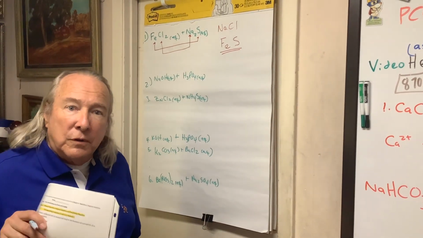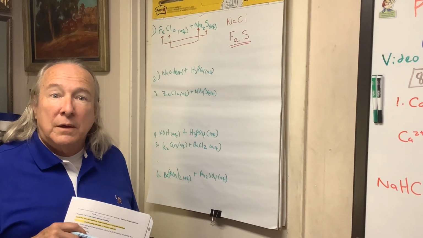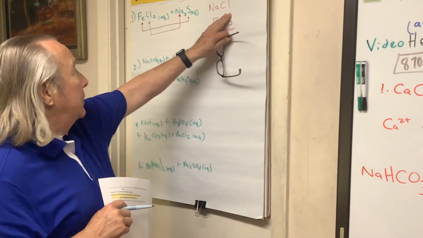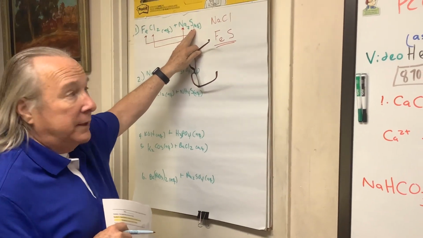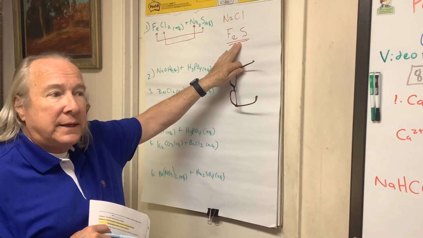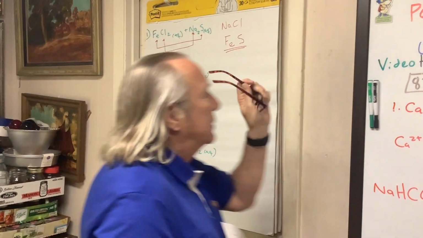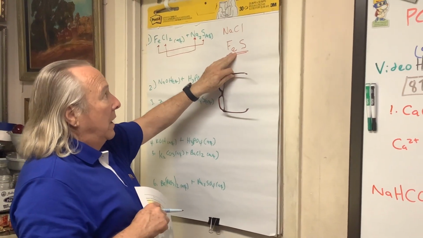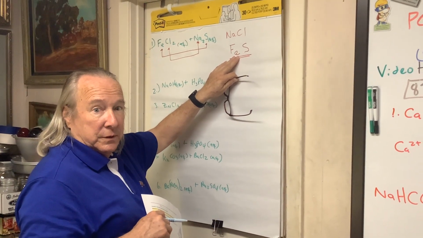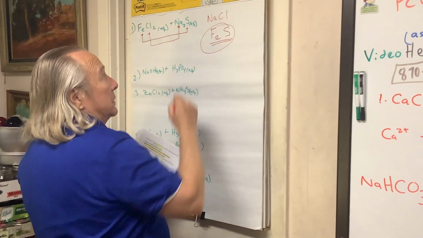Salts of those metals are always soluble. So sodium chloride is going to be soluble, as is sodium sulfide. Iron is not a group 1 metal, it's a transition metal, in family 8, and it forms an insoluble precipitate. So this forms a precipitate.